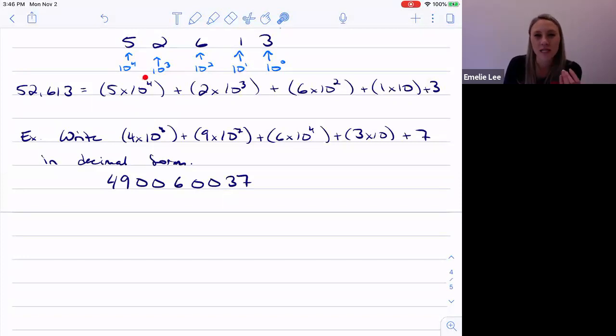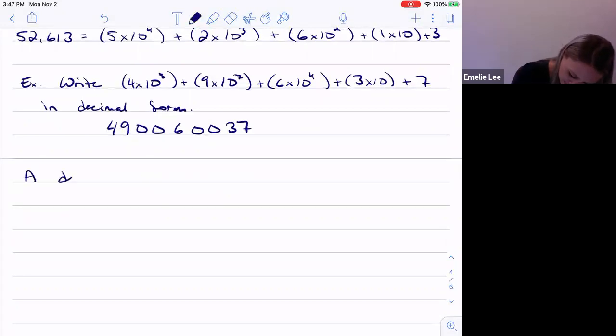We know from scientific notation, if you have 10 to the negative 1, right, you've got a number that's to the right of the decimal, right? So a fraction, 10 to the negative 2 bumps you over another spot, I guess. 10 to the negative 3 bumps you over another spot after that.